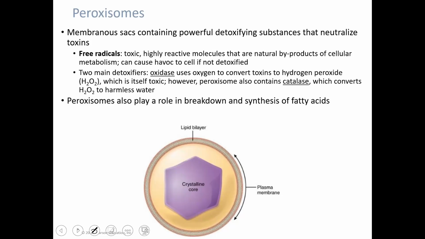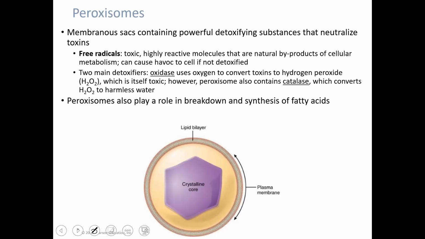So peroxisomes function in that category. Peroxisomes have two enzymes embedded in them. We want to get rid of the free radical. We want to destroy it. We want to use an antioxidant to prevent the free radical from causing something to break down through oxidation.